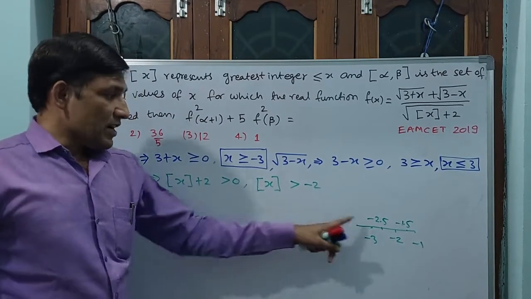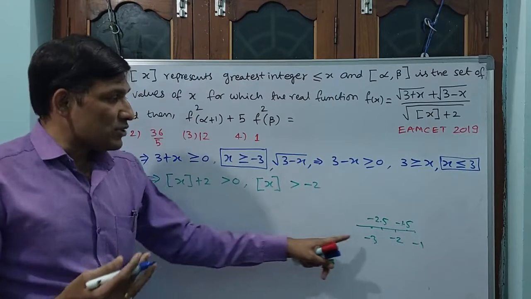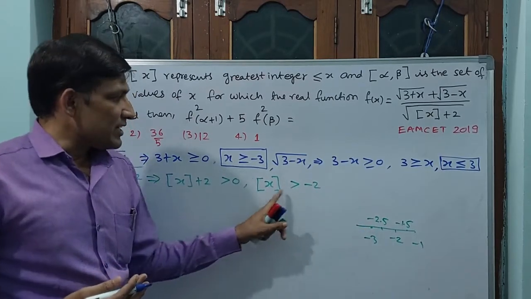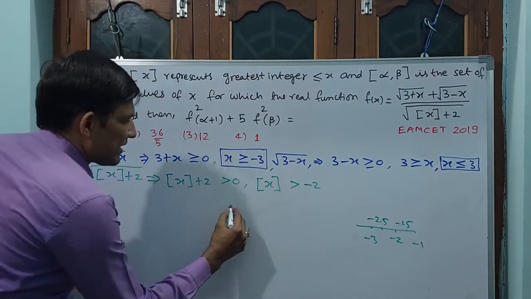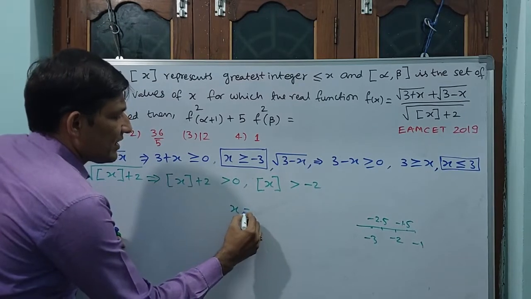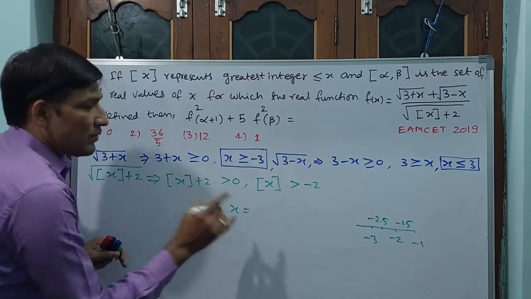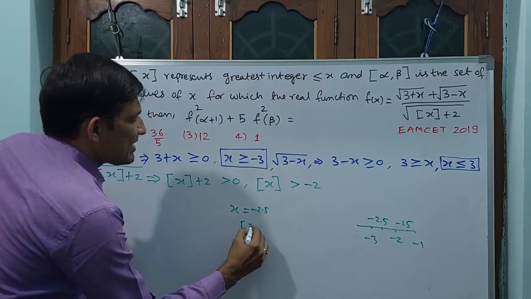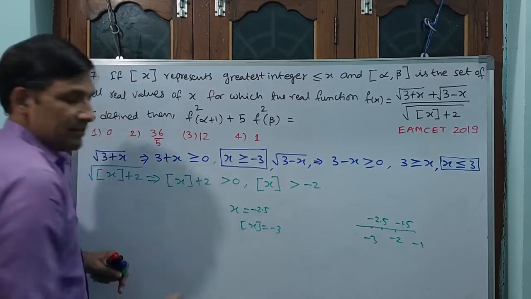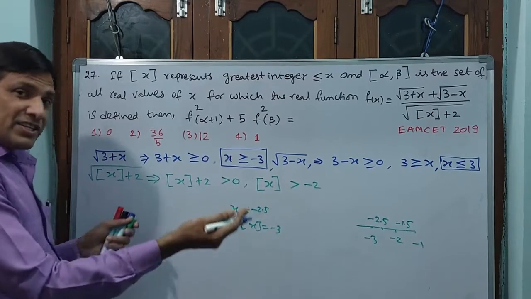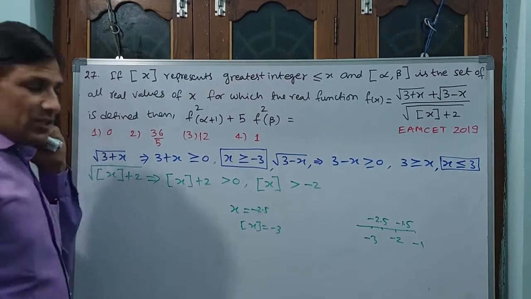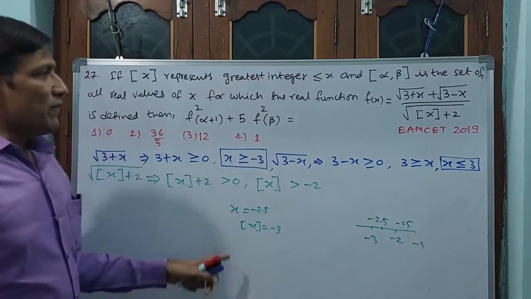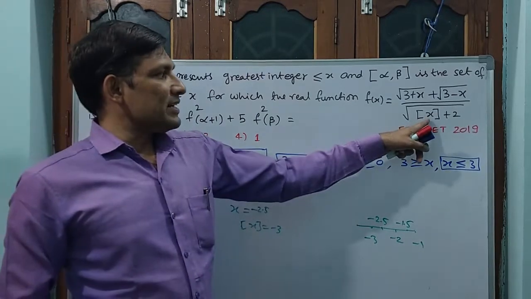If x equals minus 2.5, then the greatest integer of x will be minus 3. Greatest integer means it goes lower, minus 3. If it becomes minus 3, what will happen here?